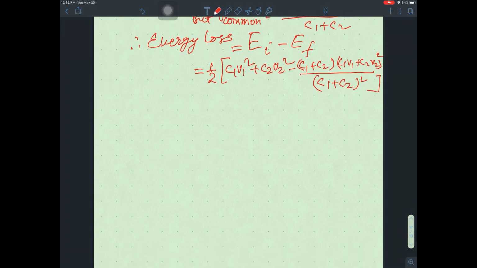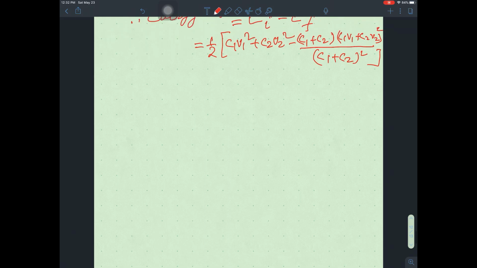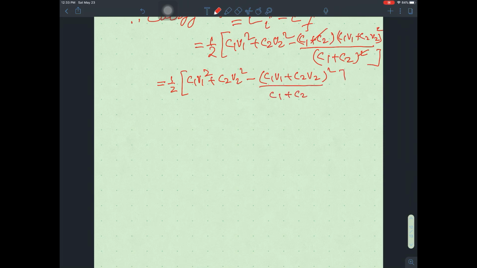This will give you, in this way, that we are getting 1 by 2, this square will be cancelled by this term. So 1 by 2 (C1 V1 square plus C2 V2 square) minus (C1 V1 plus C2 V2) whole square by (C1 plus C2).